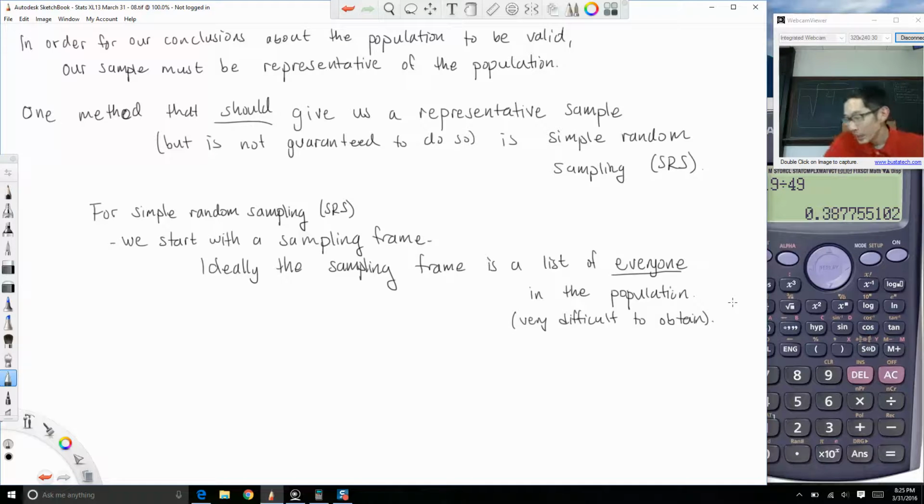So if your sampling frame, the list that's supposed to be everyone, is deficient, then your samples will be deficient in the same way. Okay, so the Census Bureau has a difficult time finding people without permanent addresses, right?